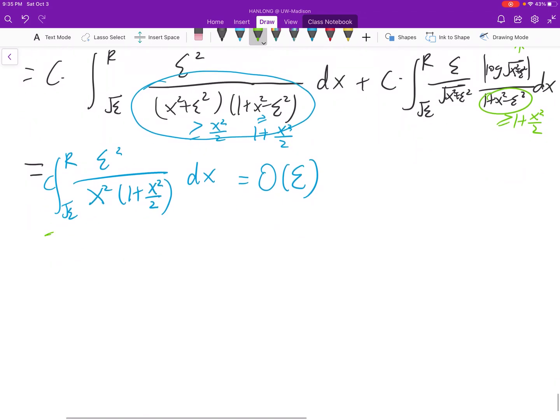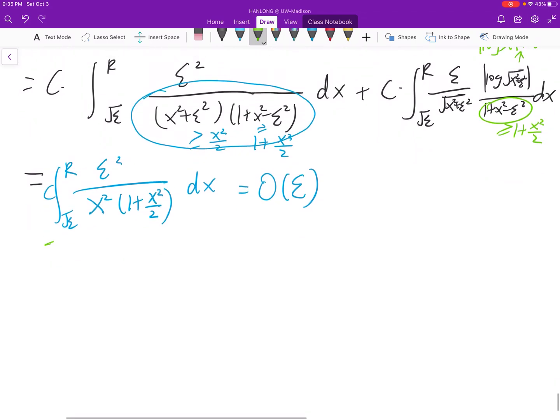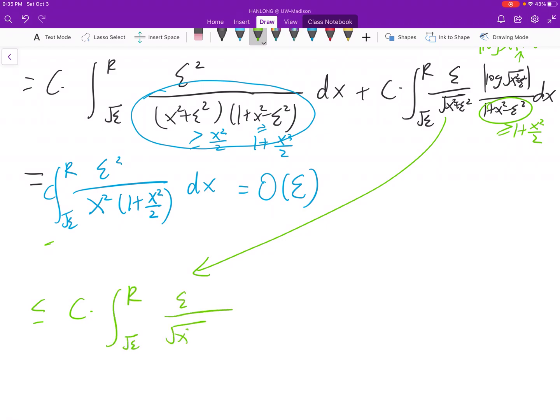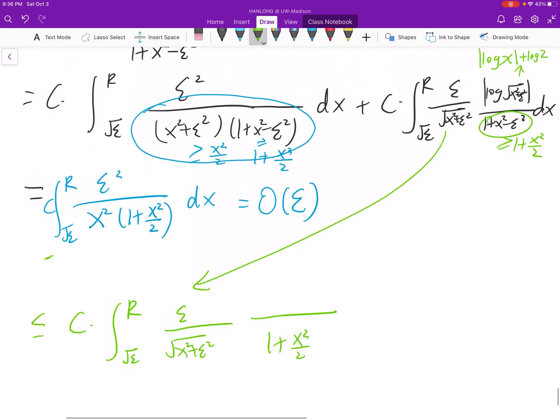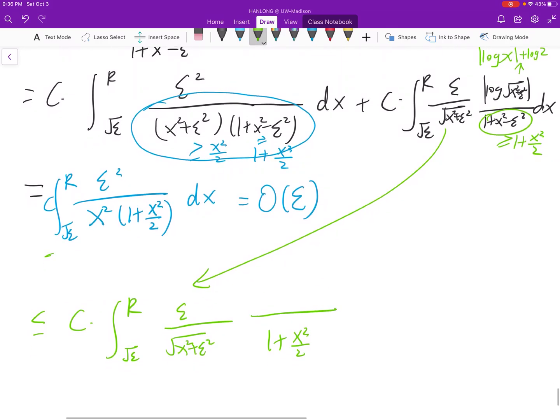Okay, so next, this is bounded by constant times square root epsilon r epsilon divided by x squared plus epsilon squared times 1 plus x squared over 2 divided by log x plus log 2 dx.